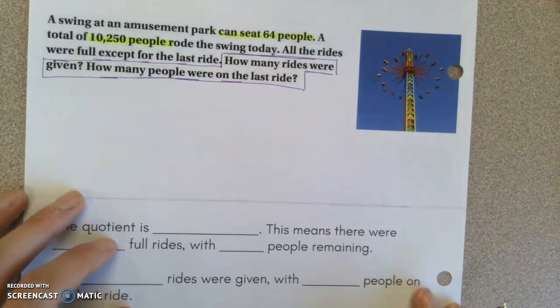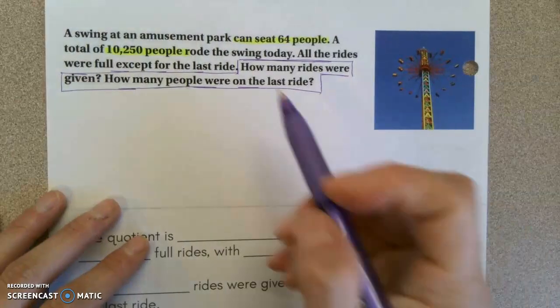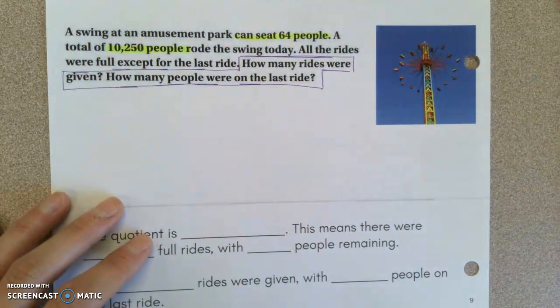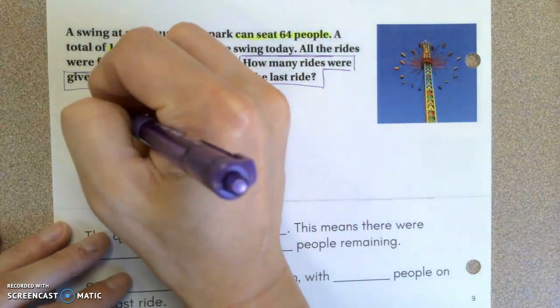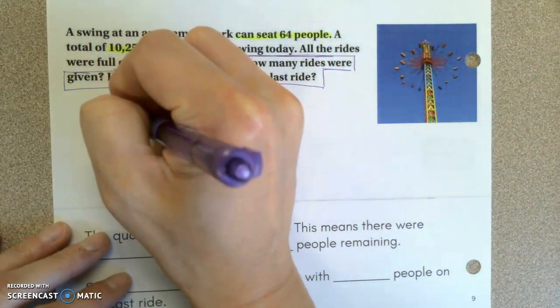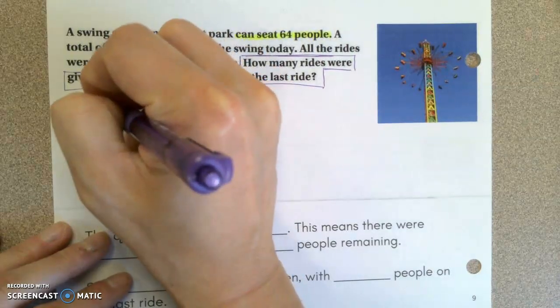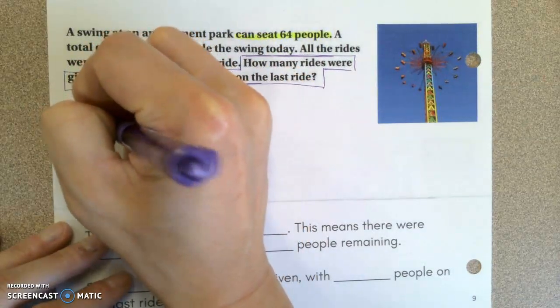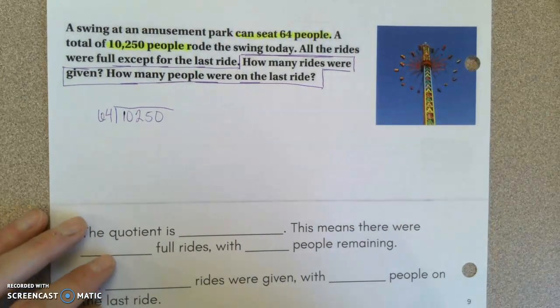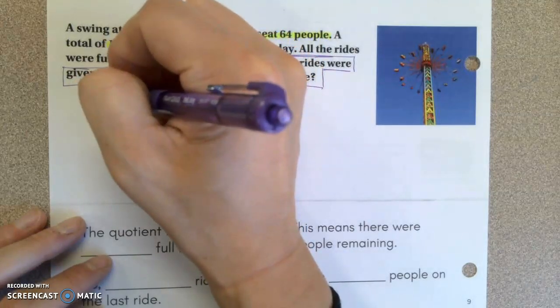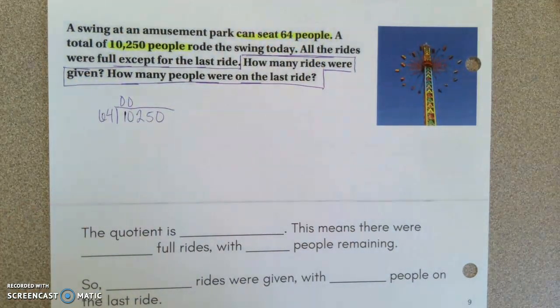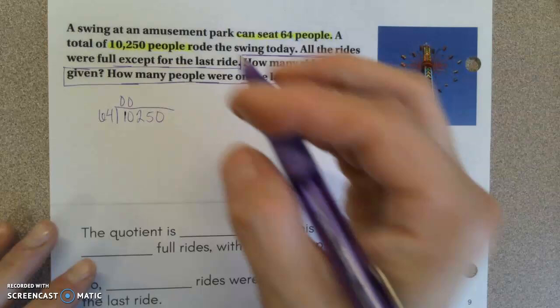So the first thing we need to do is figure out how many rides were given out of the 10,250 people. So I'm going to take 10,250 and divide that by 64. 64 does not go into 1, and it does not go into 10. 64 does go into 102 just one time.